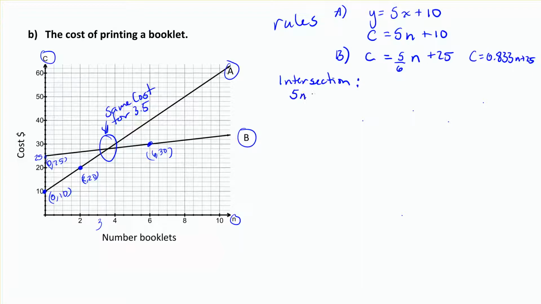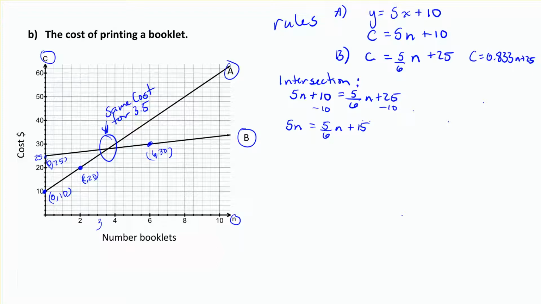So I would say 5n plus 10 is equal to 5 over 6n plus 25. And to solve this using algebra, minus 10 from both sides, 5n is equal to 5 over 6n plus 15.